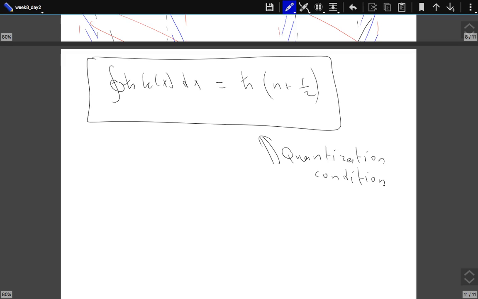Yes. Let me just make a correction. This is h, or 2 pi h bar. Or if you want, you can just cancel the h bars. It just turns out that the integral of k of x dx is the total phase that my particle acquires as it goes from one turning point to the other one and comes back. This should be some multiple of 2 pi. Well, there is also this additional factor of 1/2.